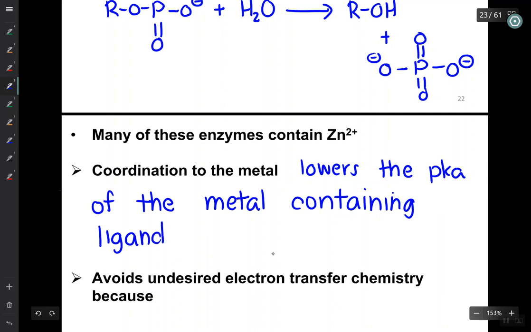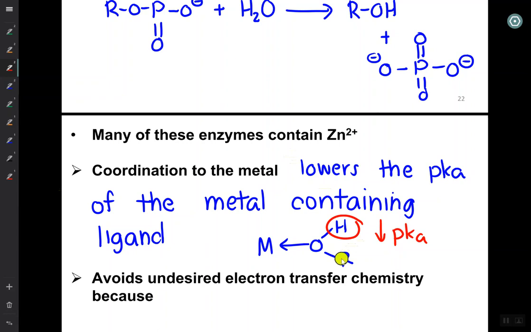So for example, usually the pKa of an alcohol is like 16, but if you're able to bind the alcohol to a metal, this pKa is going to be lowered, right? Because that resulting conjugate base, the O-, will be stabilized by interaction with the metal, with the M+. The exact pKa is, of course, going to depend on what metal, what oxidation state, but in general, the pKa value will go down, which makes it easier to deprotonate.